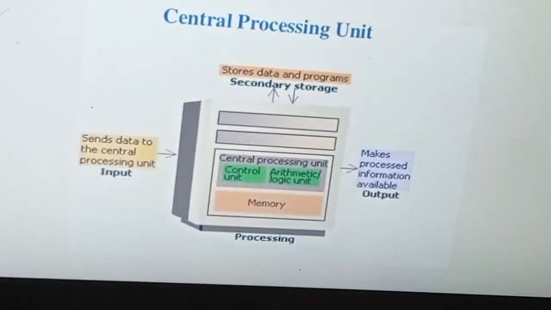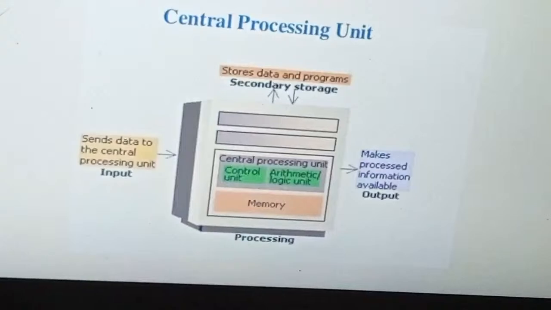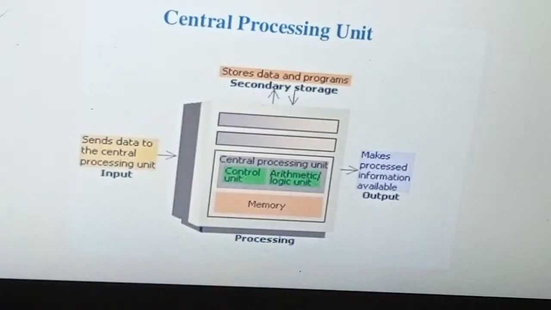A serial port sends and receives one bit at a time via a single wire pair. Coming to the parallel port, it sends multiple bits at the same time over several sets of wires.